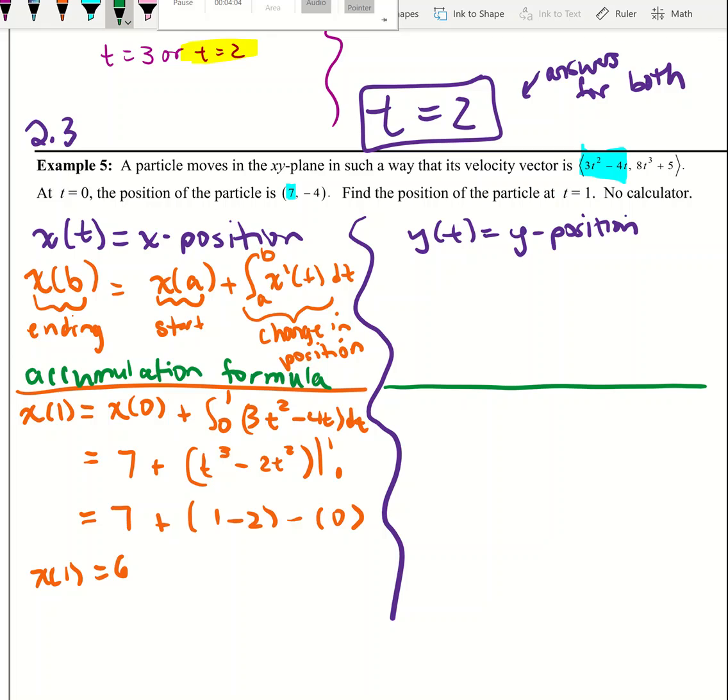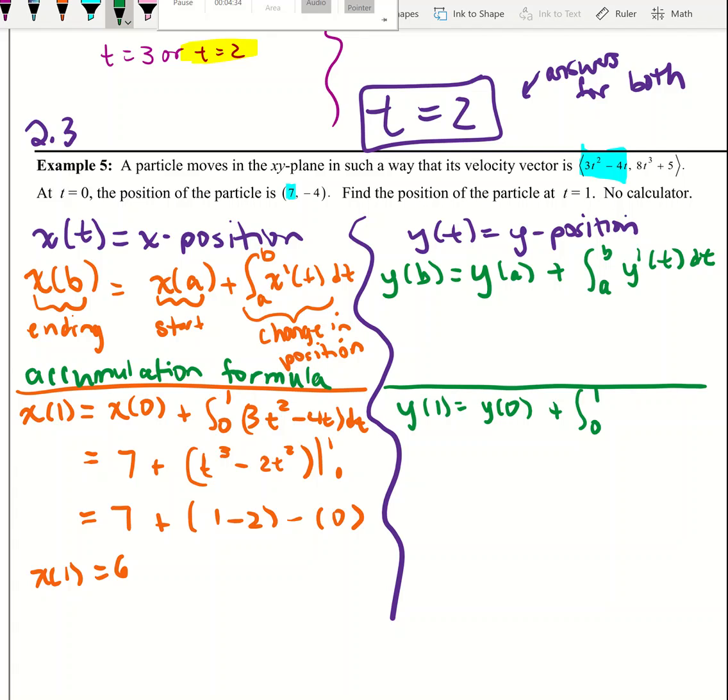So if I want to find the accumulation for y at a certain point, find out where an ending location is, I could take the starting location for y and then do the integral, with the starting and ending time as my limits, of the change in y. Okay, so the rate of change in y, or the velocity. So in this instance, if I want to find y at 1 and I know what y at 0 is, I can add on to that the integral from 0 to 1 of the derivative of y, which we know that the derivative of the position is the velocity.